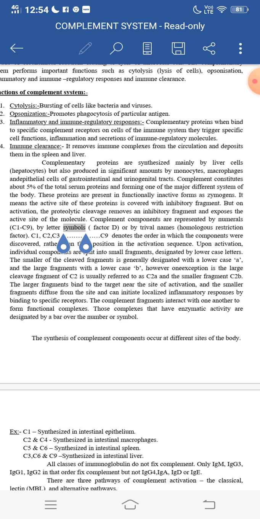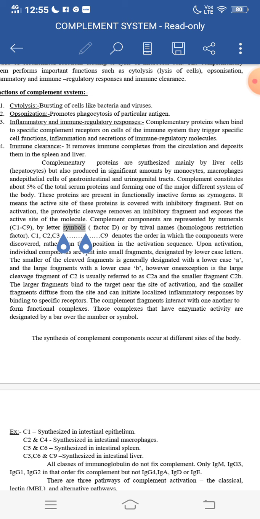But when the complement proteins come in contact with any antigen or foreign particle, such as bacteria or virus, they get activated and proteolytic cleavage removes the inhibitory fragment.